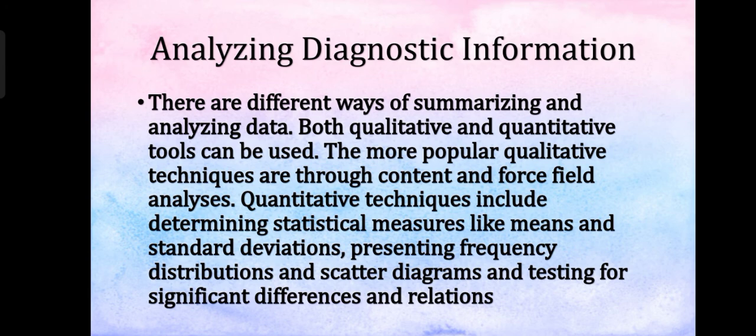Analyzing diagnostic information. So there are different ways of summarizing and analyzing data. Both qualitative and quantitative tools can be used. The more popular qualitative techniques are through content and force field analysis, while quantitative techniques include determining statistical measures like means and standard deviations, presenting frequency distributions and scatter diagrams, and testing for significant differences and relations.